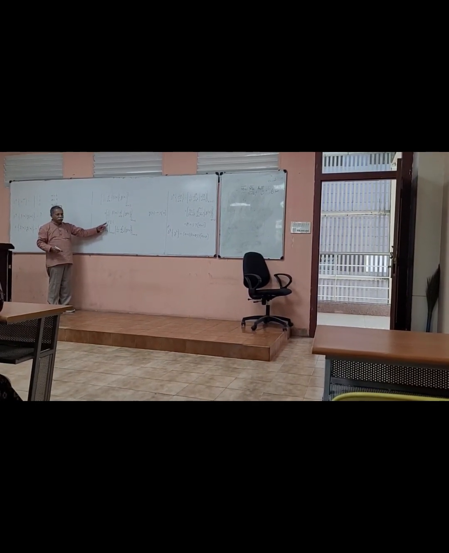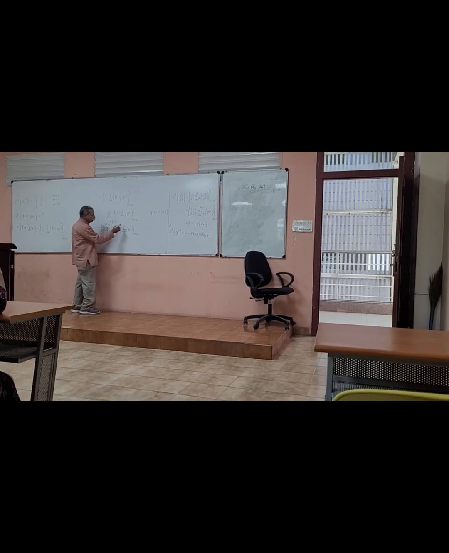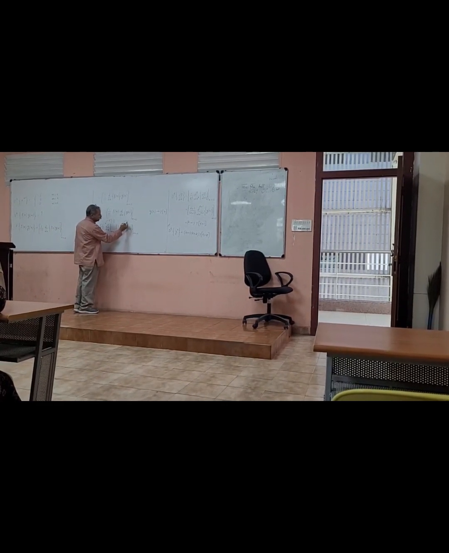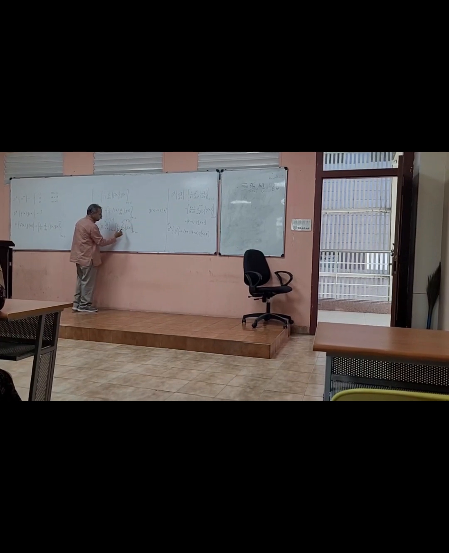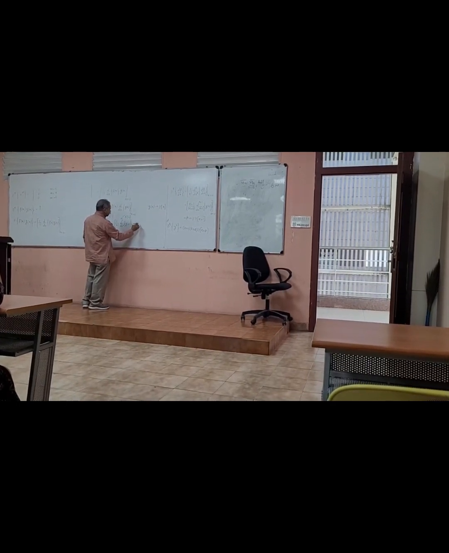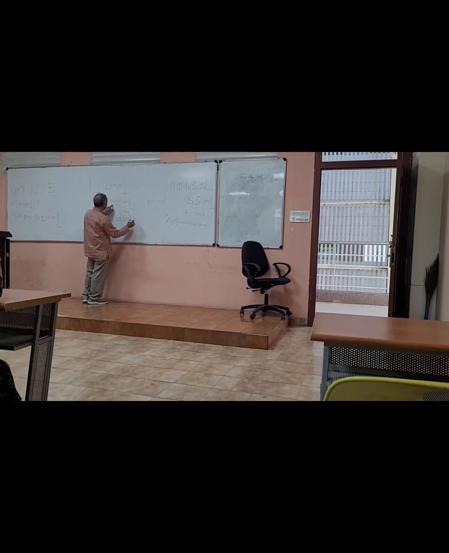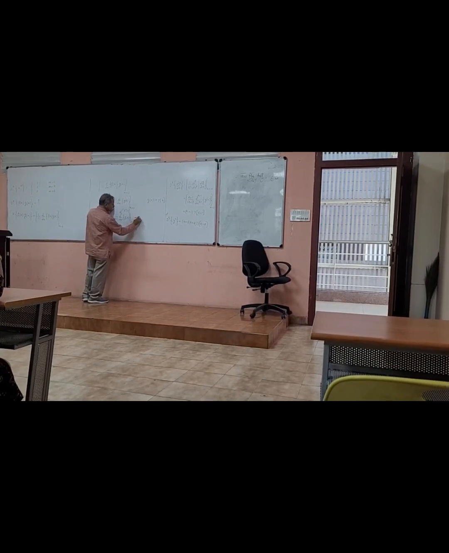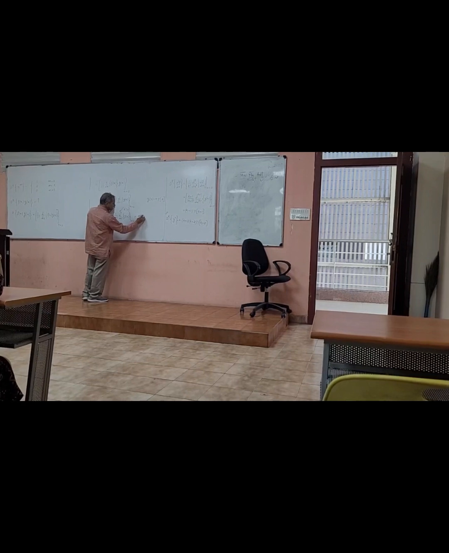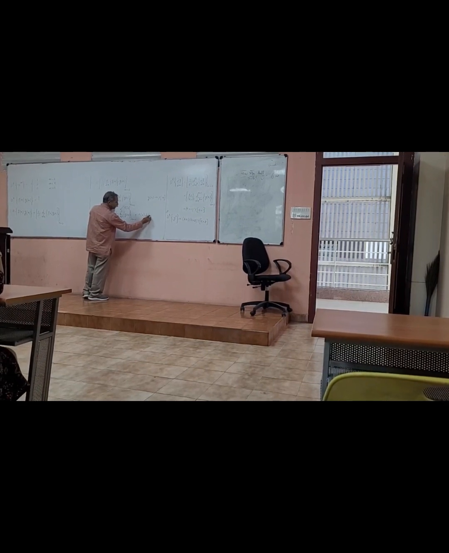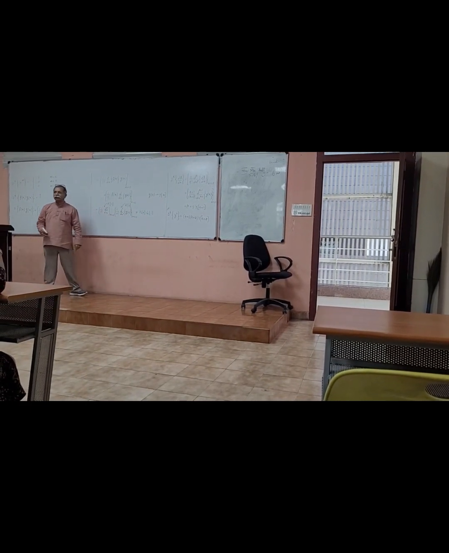So small f becomes capital F. So likewise, what can I write here? G of 0. So what can I write the second term as? This one. So F of 0. Okay. So this is what you have.